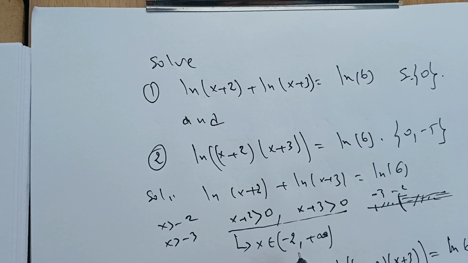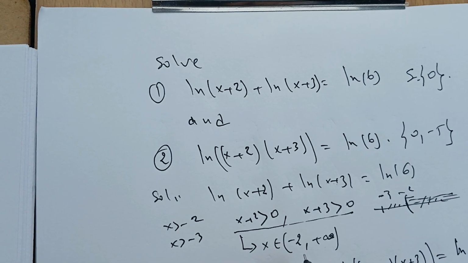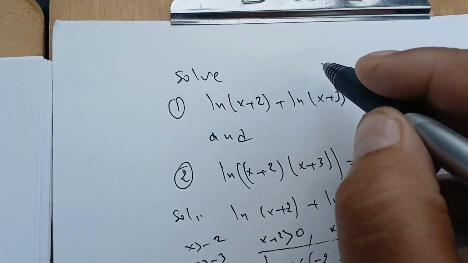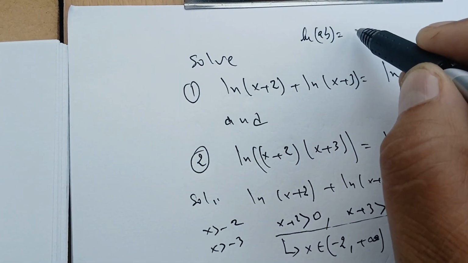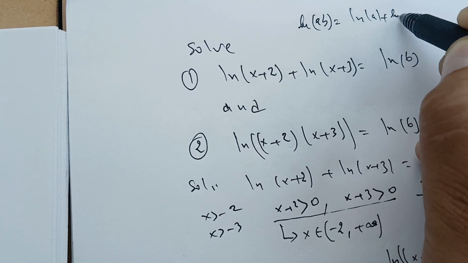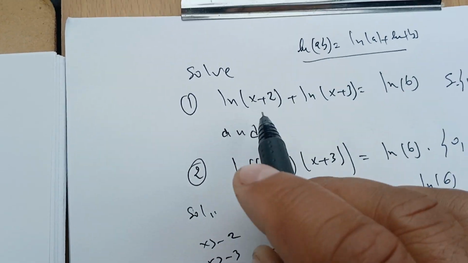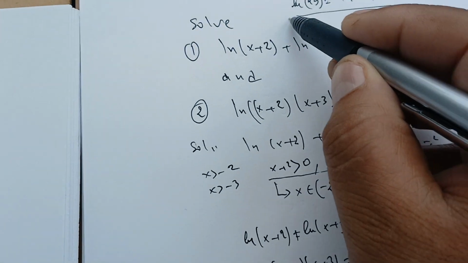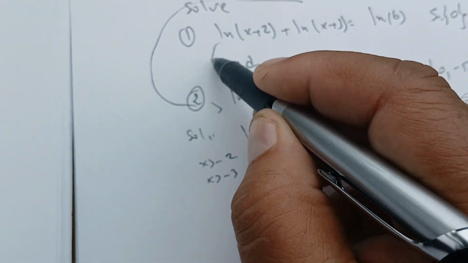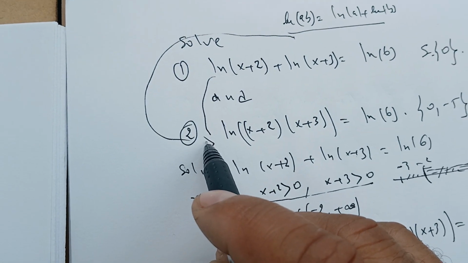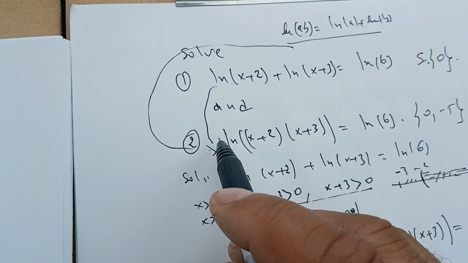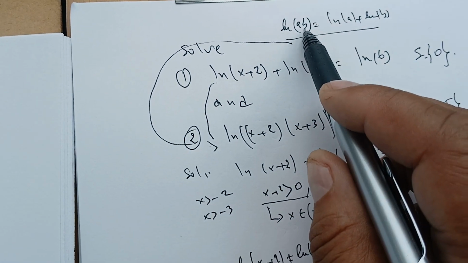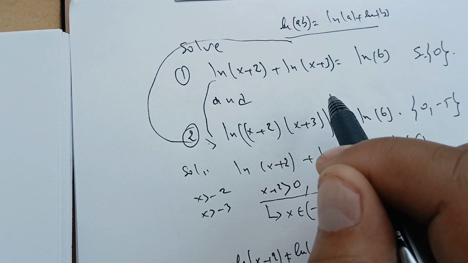Here we can't just apply ln of AB is ln of A plus ln of B. Remember, that only works when A and B are both positive.